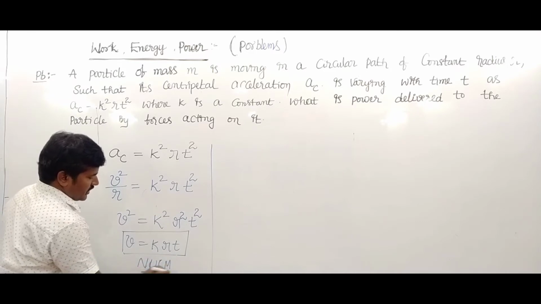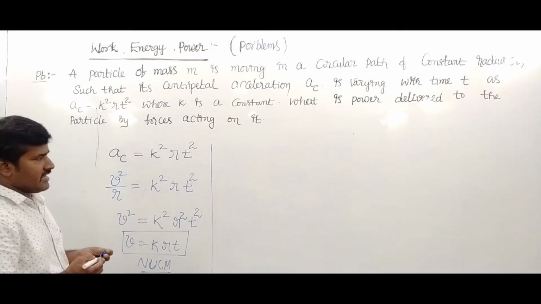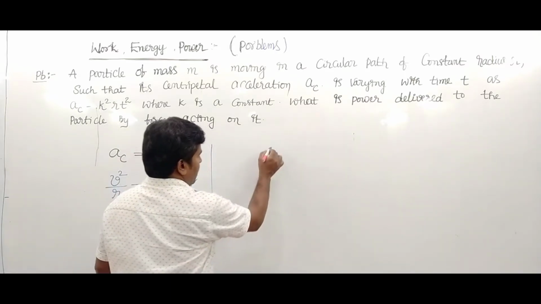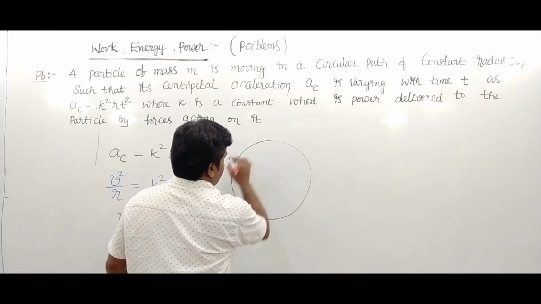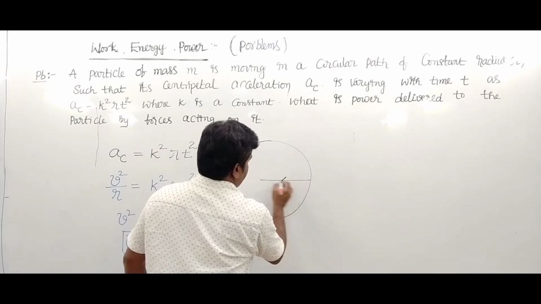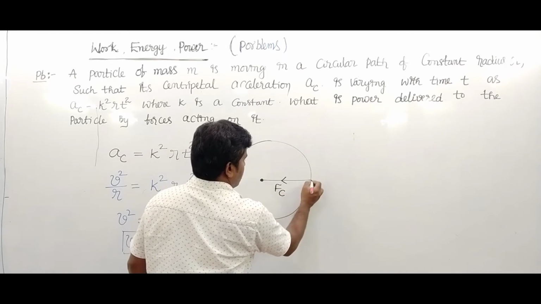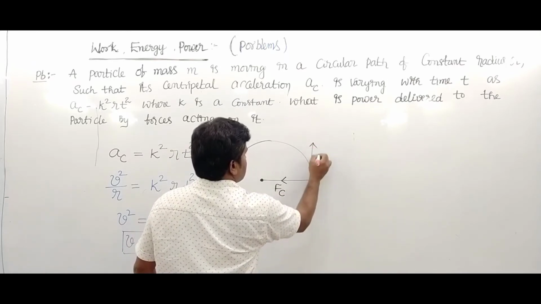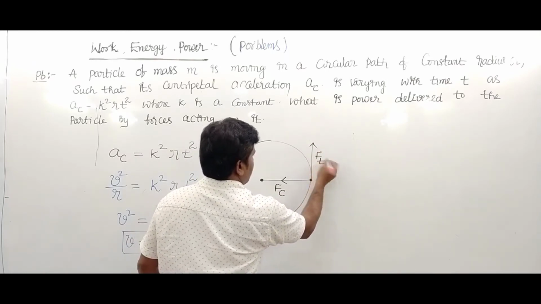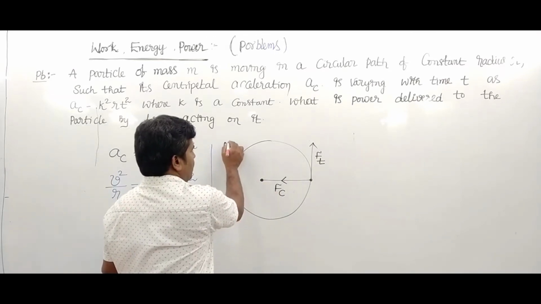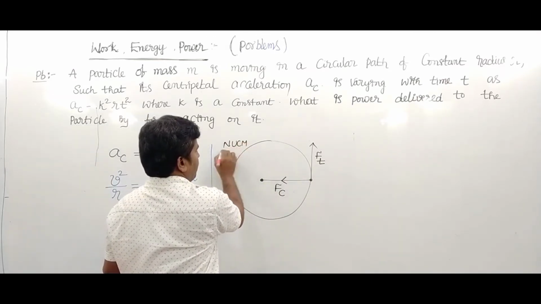There are two forces in non-uniform circular motion: one is centripetal force, the force toward the center, and the other is tangential force.